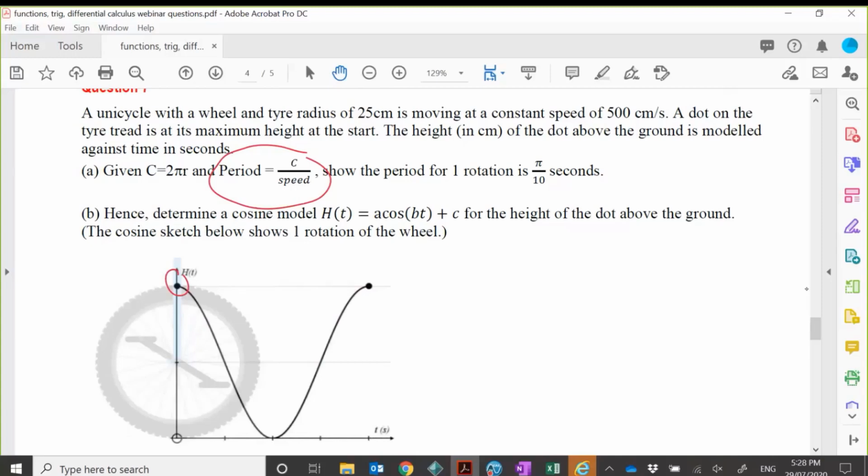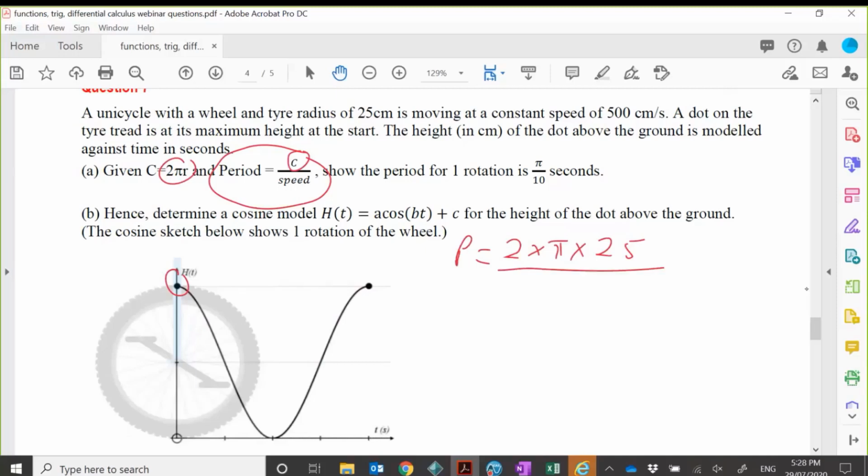We can say our period is going to be our circumference, and circumference is 2 pi r. So it's going to be 2 times pi times our radius. And remember, our radius is given in the question. It's 25. So it's 2 pi r divided by our speed.